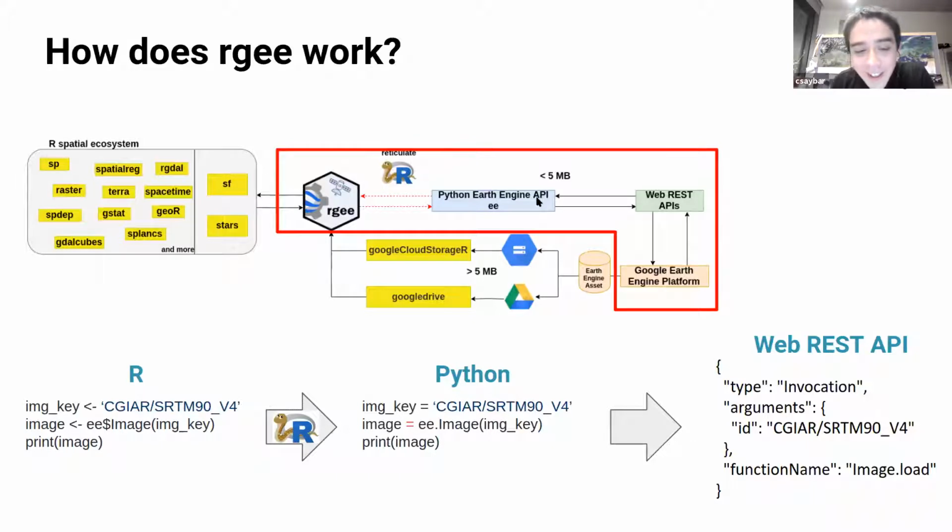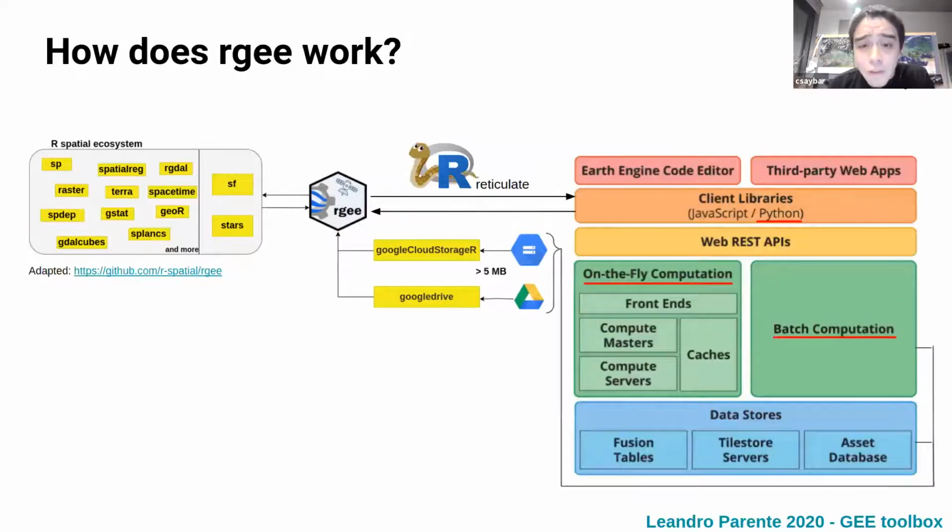The idea here is we use reticulate, an R package that permits you to embed a Python session into an R session. We use reticulate to transform R code into Python code. This is the previous step that I mentioned. And after that, it just follows the same path. This is the full overview of how rgee works.